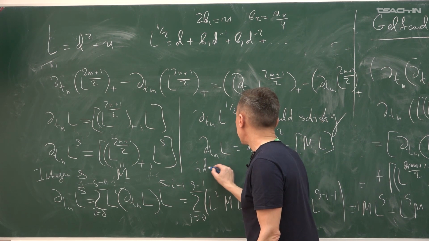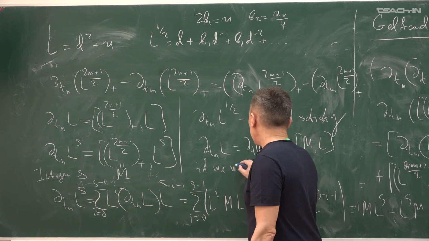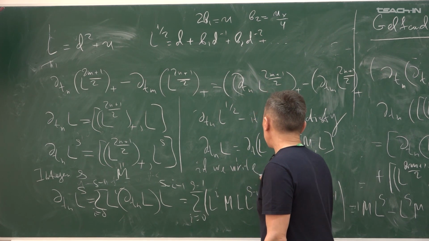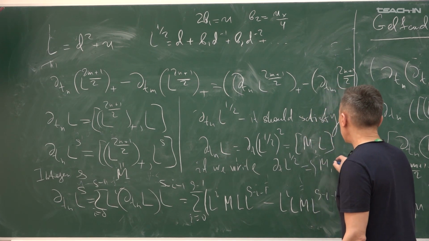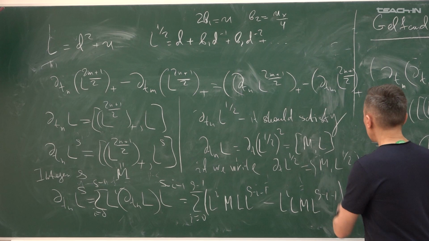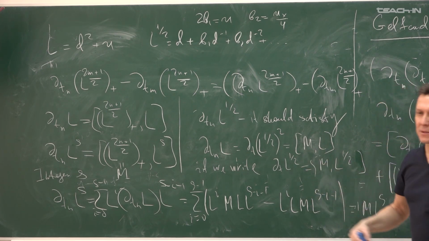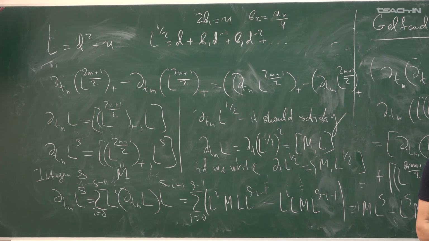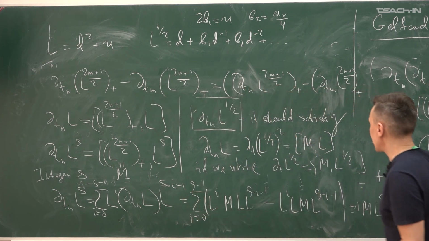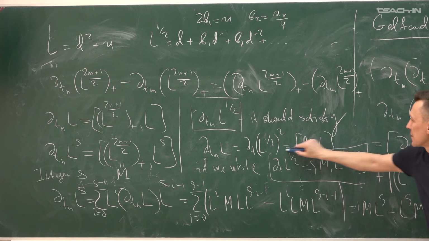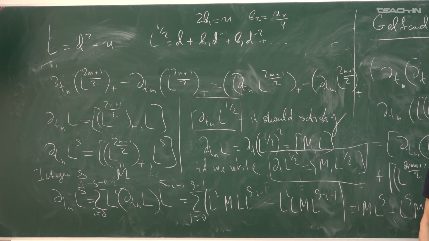If we write dtn L^(1/2) equal to the commutator of M with L^(1/2), this will be satisfied. And if you understand that this is a unique pseudo-differential operator, it should coincide with this.